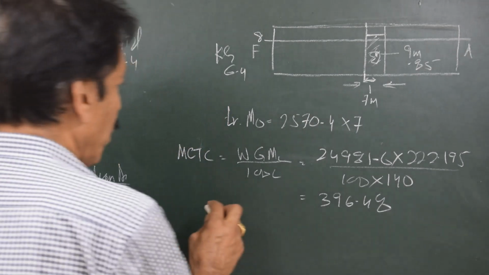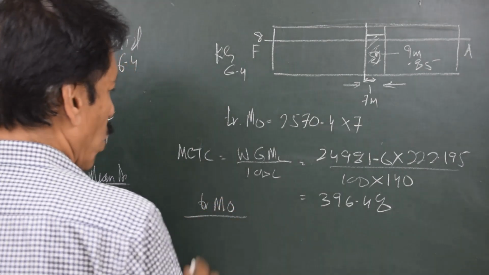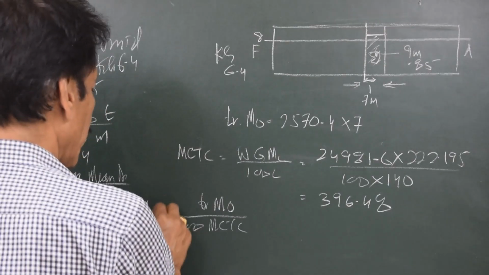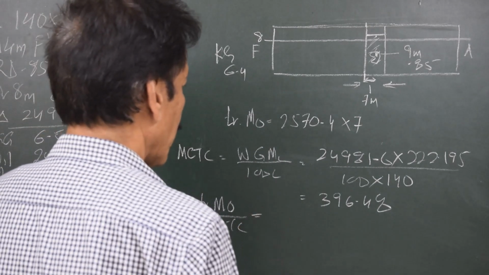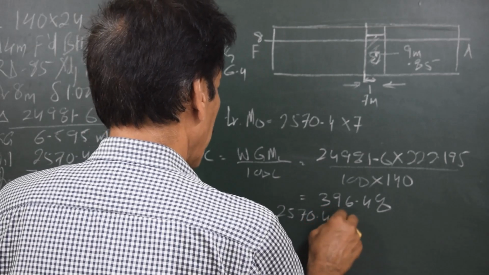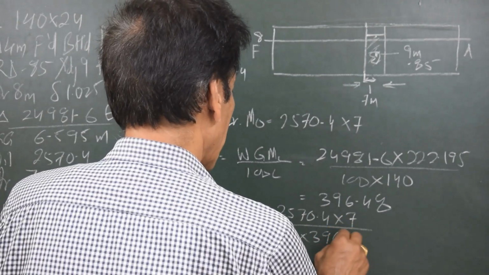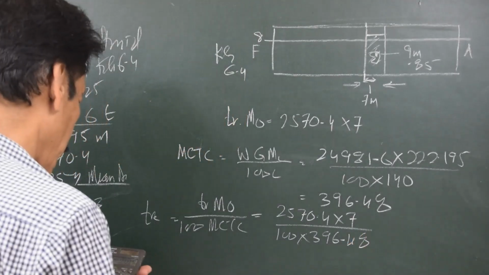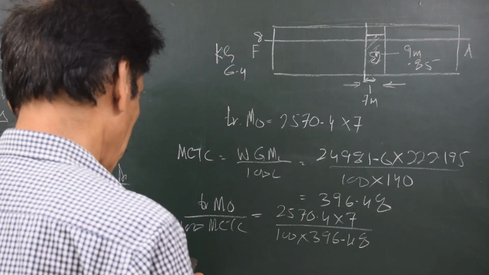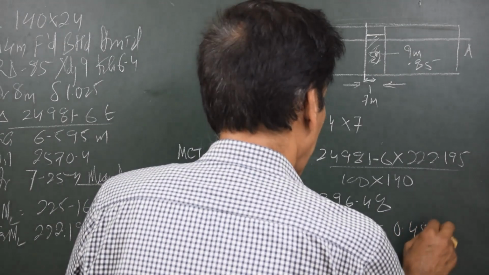Now, trimming moment that is caused divided by 100 MCTC is equal to trim change. So trim change is going to be 2570.4 into 7 divided by 100 into 396.48, which gives me 0.454.